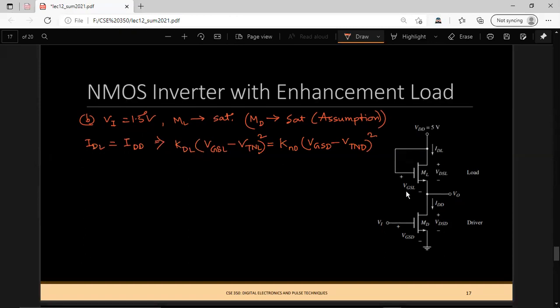Okay, so now let's plug in the results. We have 0.01 here. Now the gate voltage is again connected to the 5 volt for the load circuit. 5 minus the source, which is now the output voltage V0, minus 1 square, now 0.05.